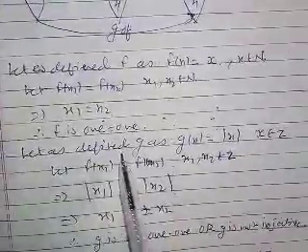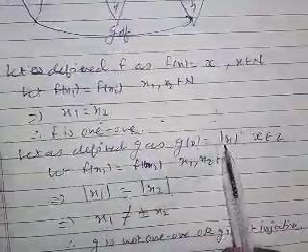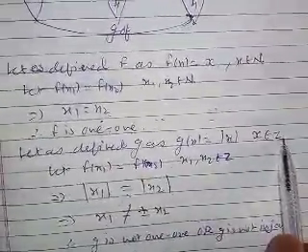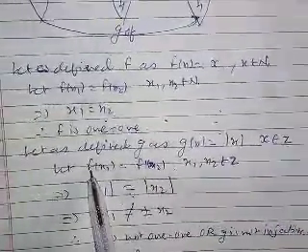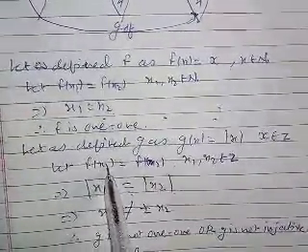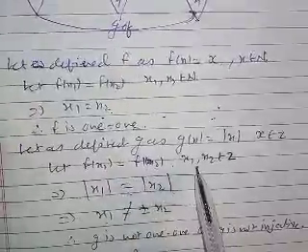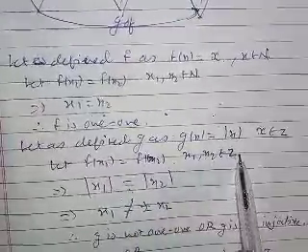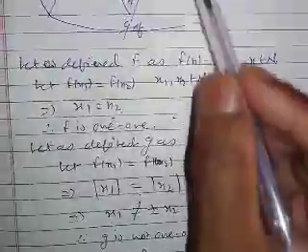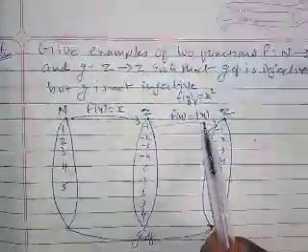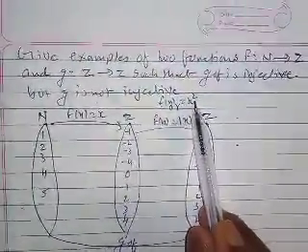Now let us define g as g of x is equal to mod of x for x belongs to Z. Let's see. Let g of x1 is equal to g of x2, where x1, x2 belong to Z. We have taken g of x as mod of x, or x square you can take.